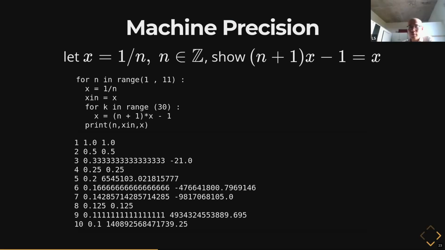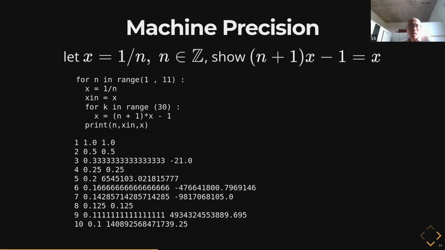If you just factor this out, this should make sense, right? If you take apart the left side, you arrive at the right side. Just plug in x equals 1 over n, you arrive at x. So that's the only thing I want to show with the code.